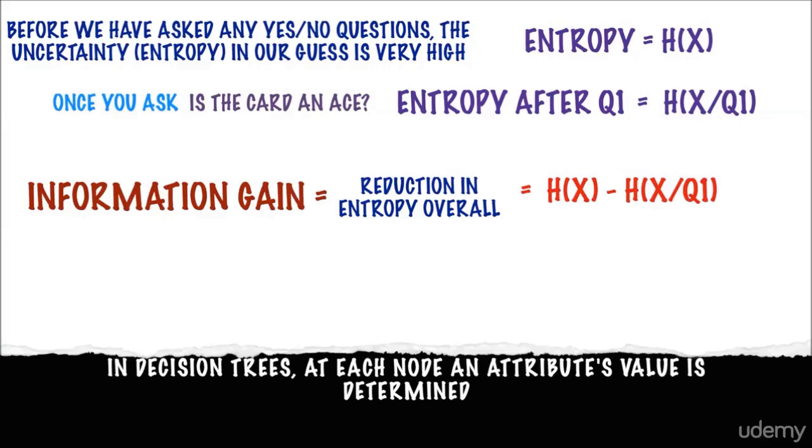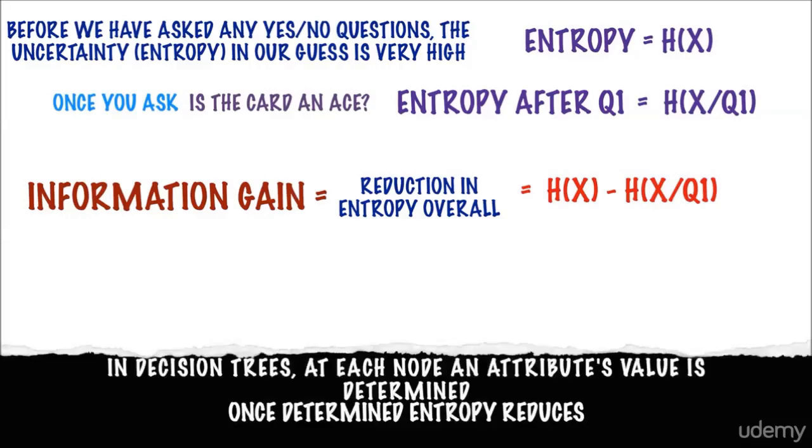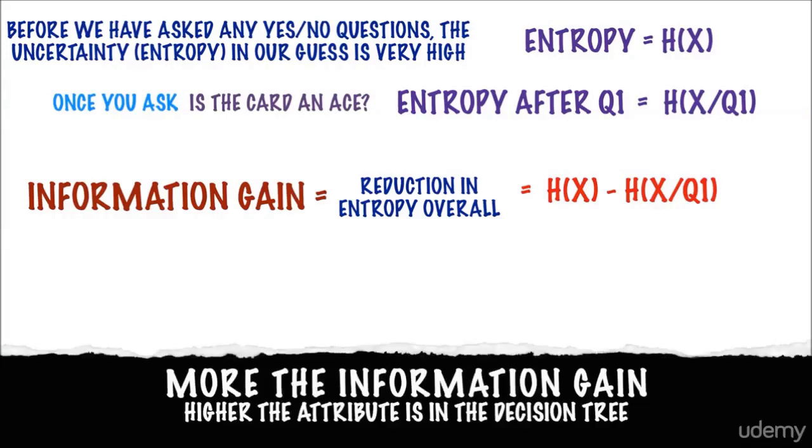Whenever you ask a question, there is a reduction in entropy. So knowing the value of an attribute in a decision tree gives us some information, that is information gain. The more the information gain from a particular attribute, the higher up it will be in our decision tree.